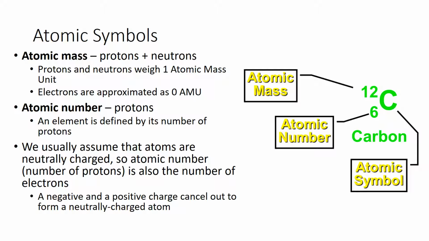So usually we're going to assume that atoms are neutrally charged. So our atomic number, we can assume, is the number of electrons we also have. So if you have 5 protons, that means your atomic number is 5, and you have a positive charge of +5 in the center, and then around the outside of the atom you have 5 electrons that are orbiting around.